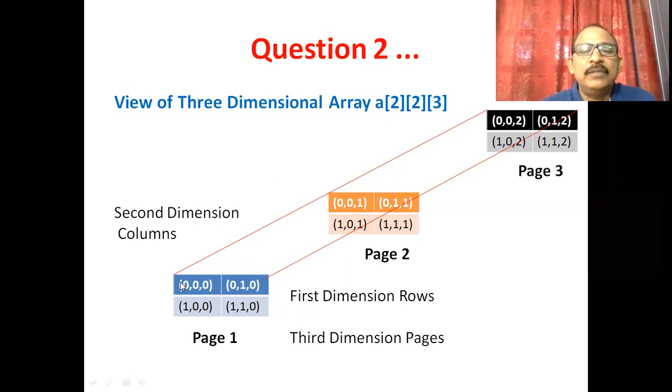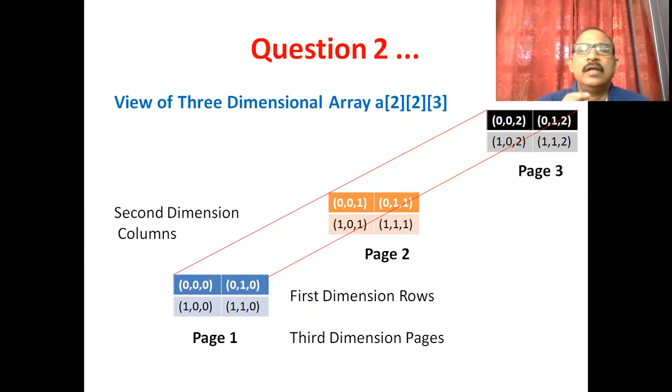Each element is specified using 3 subscripts: row, column and page. Now, how will we use subscripts with elements of a three-dimensional array? Let us see. Here the page is 1, which means the page subscript, the third subscript, must be 0.